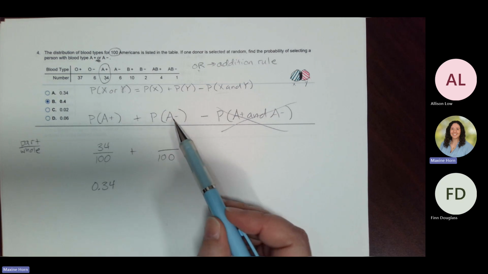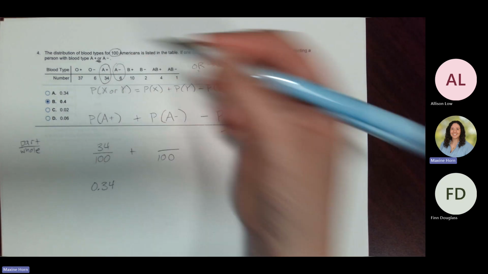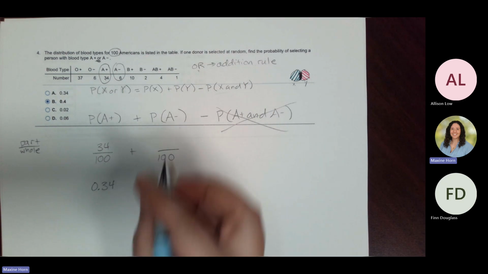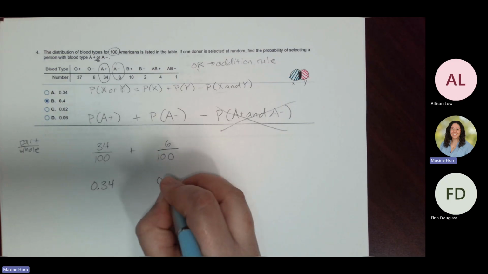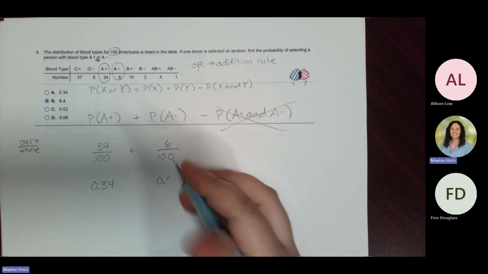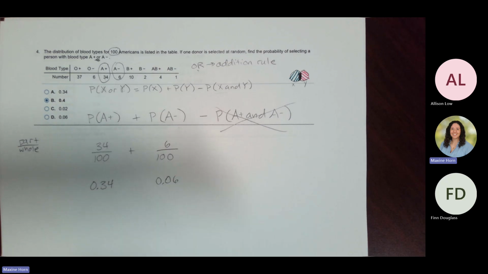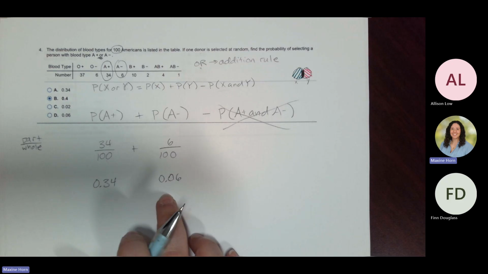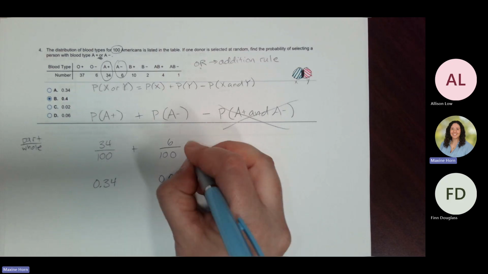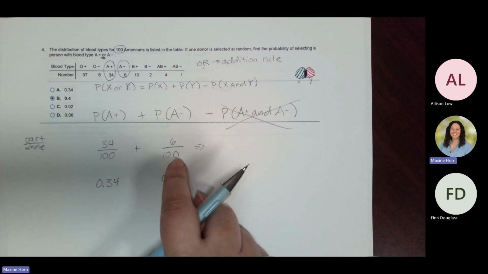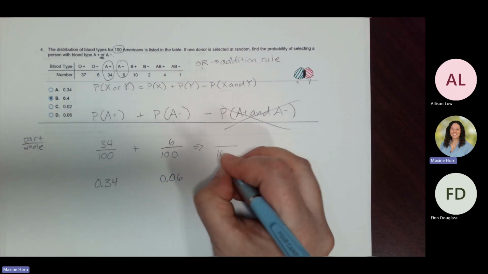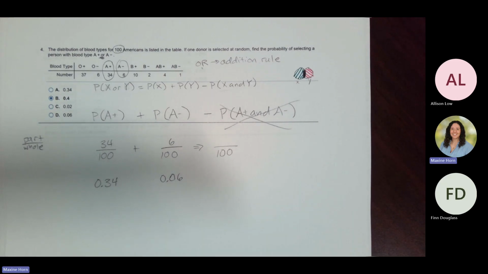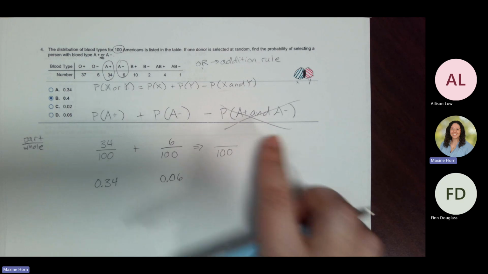For the probability of A negative, same thing. We're just going to look and see what's the number that it has there. It has a 6. So if I wanted to write that as a decimal, it would be 0.06. You don't have to turn these into decimals right away. If you wanted to, you could just keep them as fractions. They already have a common denominator. So the rule is when adding and subtracting fractions, you keep your denominator and you add or subtract across the top.